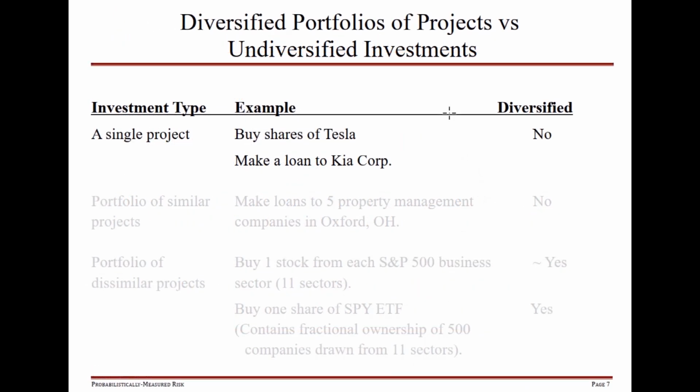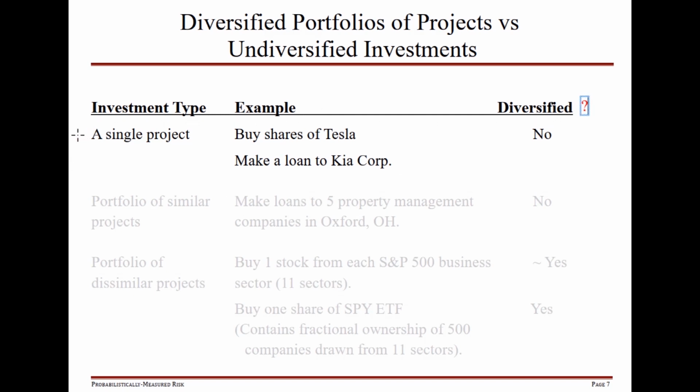So now let's think a little bit about diversified portfolios of projects versus undiversified investments. Let's just classify projects or investments along the lines of diversified versus undiversified. So I've got our little table here: investment type, example of this type, and is it diversified? Yes or no?